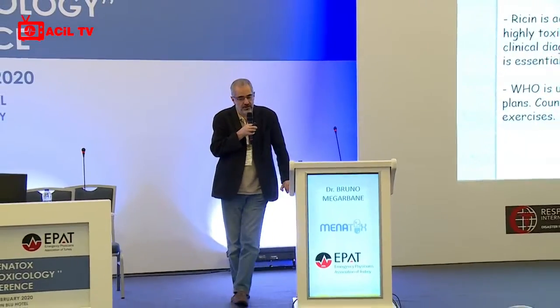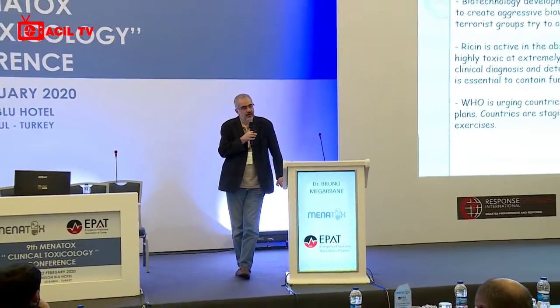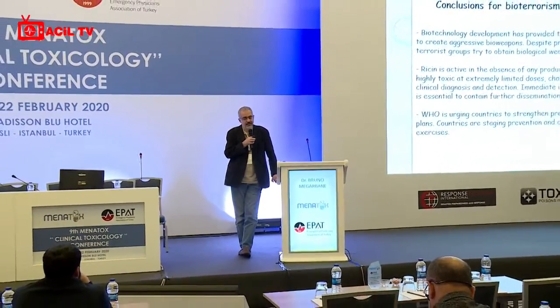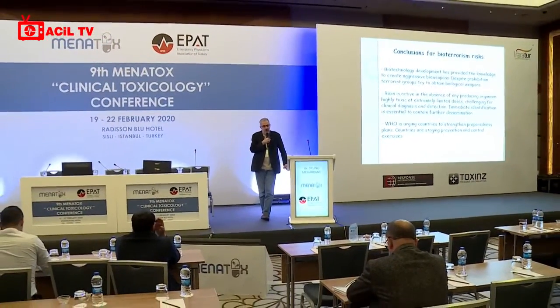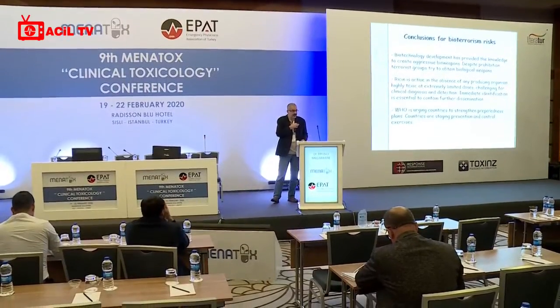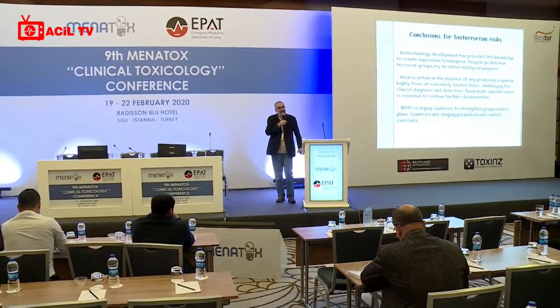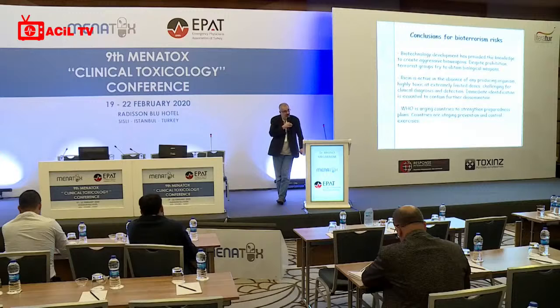So in conclusion of this presentation, you understood that there are developments in biotechnology that allow, to date, probably the obtention of ricin easily from the seeds, but also by synthetic production in a laboratory by a possible terrorist state or organization. So these create very aggressive bioweapons.